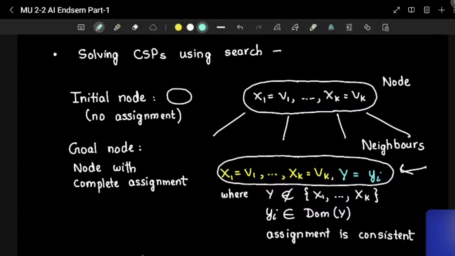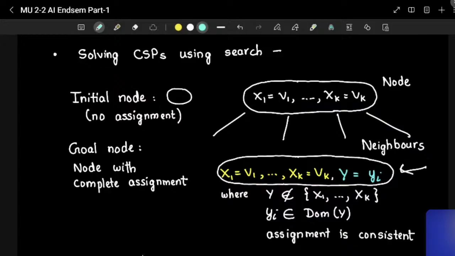Initially you will have a node that has no assignment, then you will pick one variable. Let's say you'll pick x1 and then you'll assign it a value. So this is one assignment, and then you'll keep expanding. Then you'll go to x2, then x3, then x4. You'll keep continuing, ensuring that the assignment is consistent. So when will this search end?